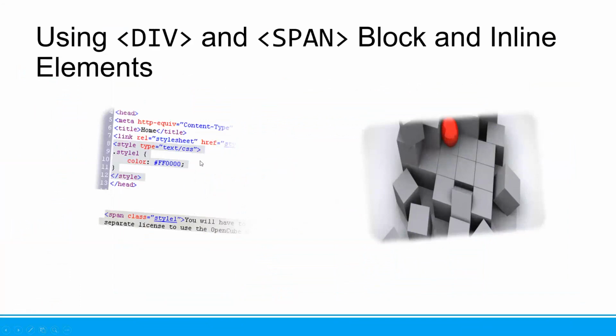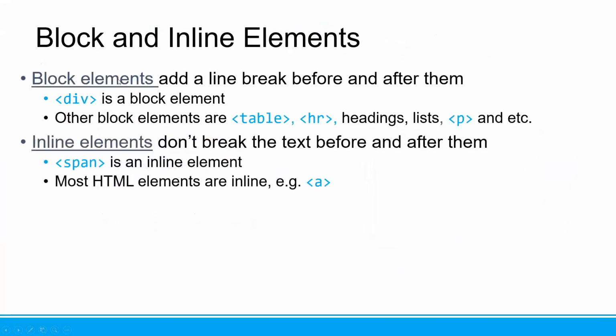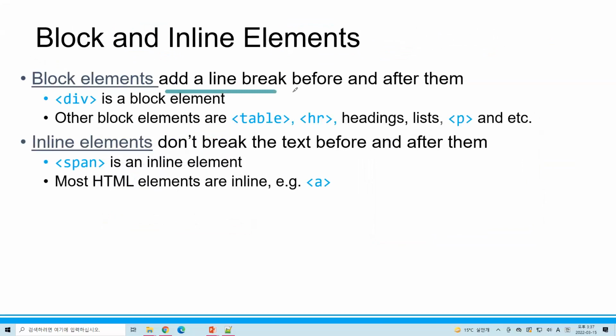When we write text or paragraphs in the HTML, we can see more details with div and span. Div and span are block or inline elements. Block elements mean we can add a line break before and after them.